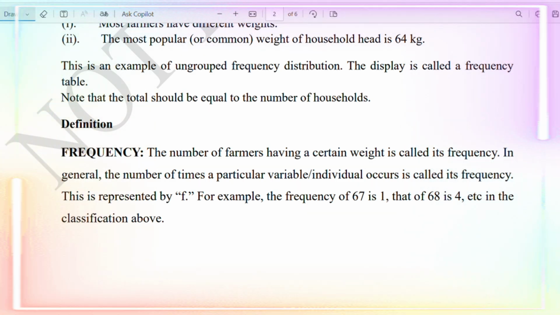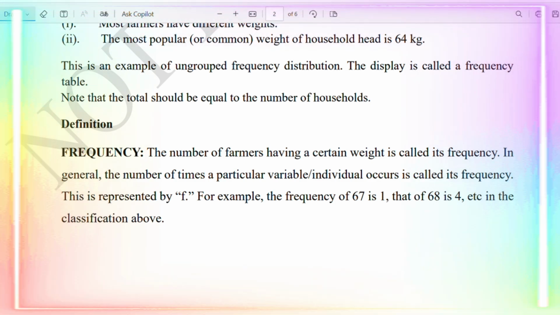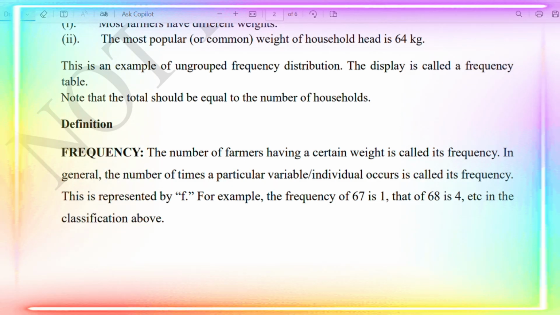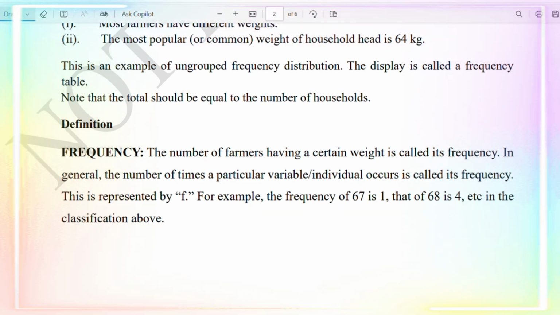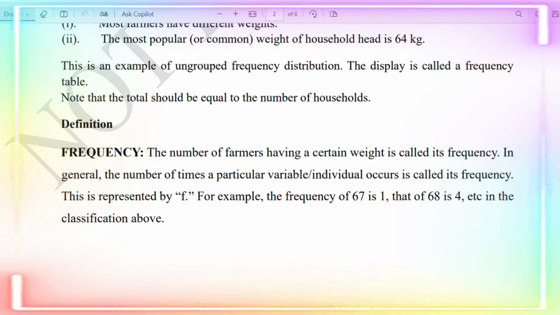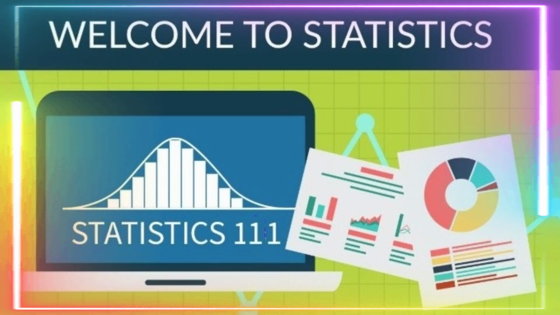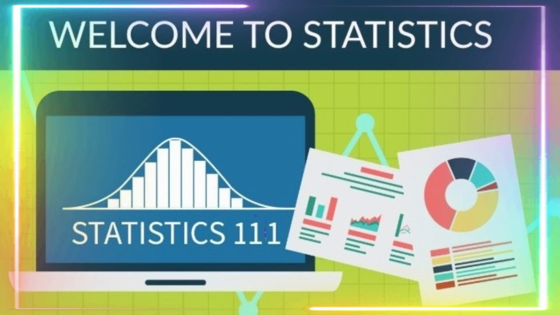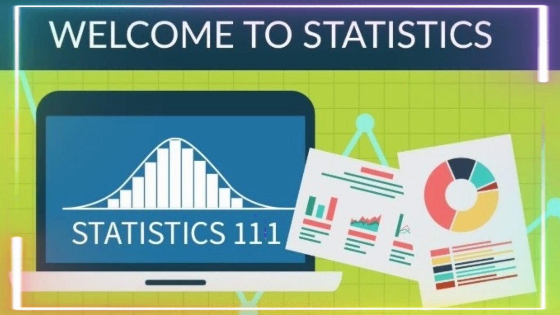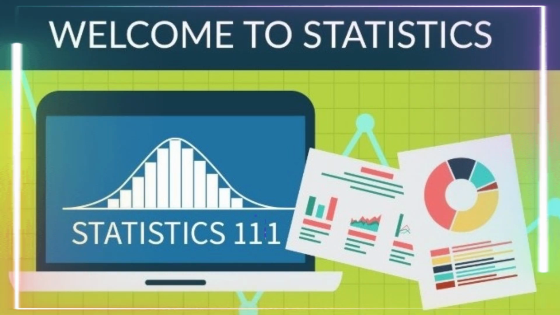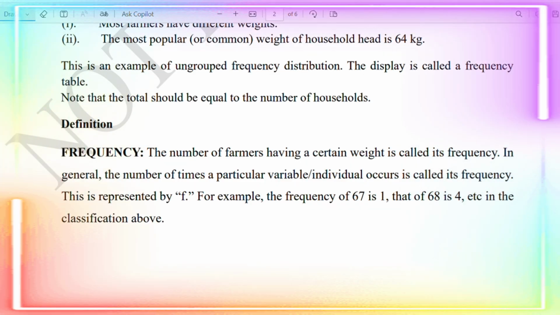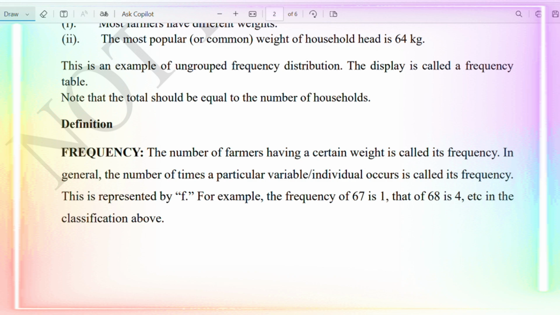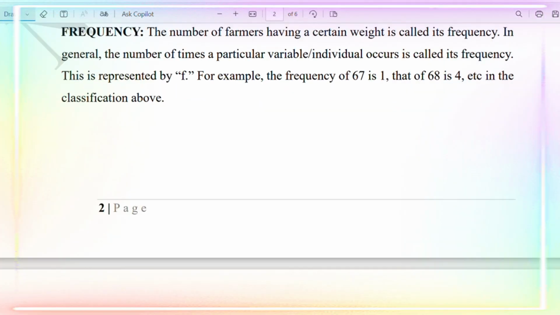So in general, the number of times a particular variable or individual occurs is called its frequency. Sometimes we use FREQ to represent that column, as we've seen in the table in that example.